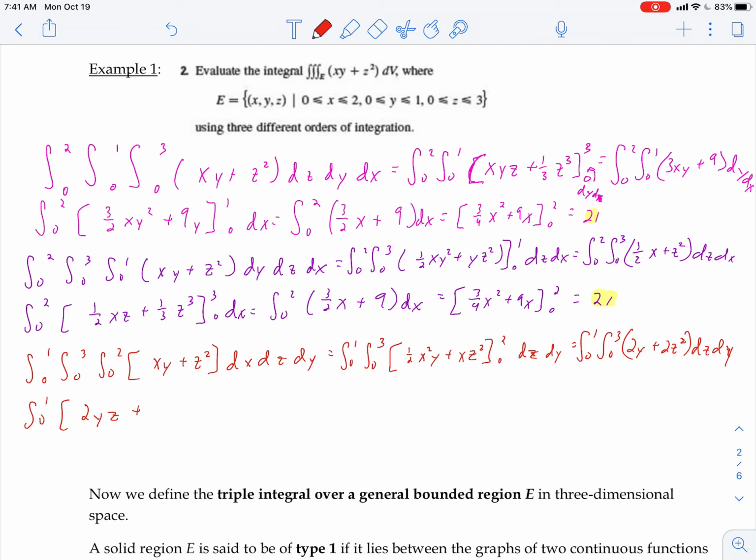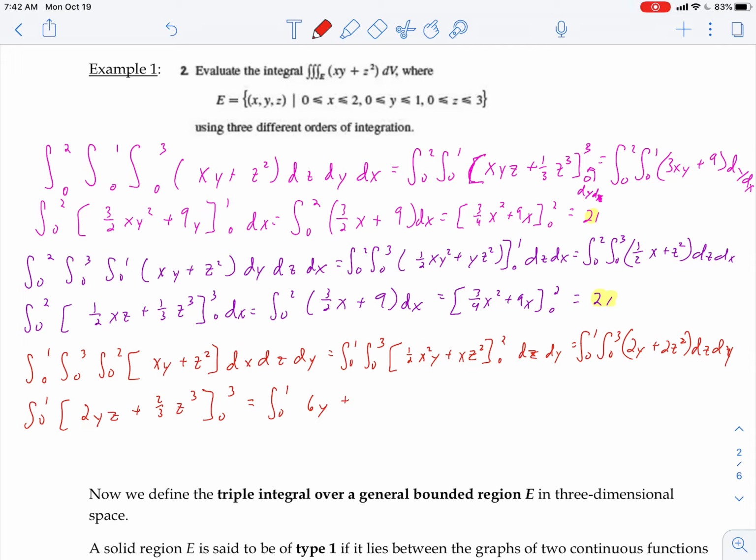All right, integrate now with respect to z. So 2yz plus 2/3 z cubed from 0 to 3.